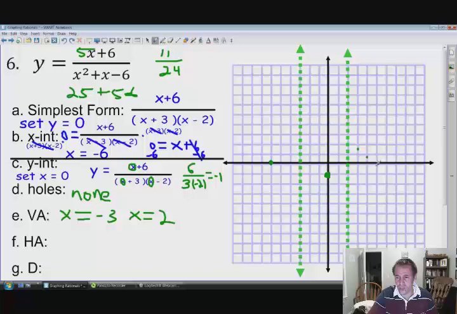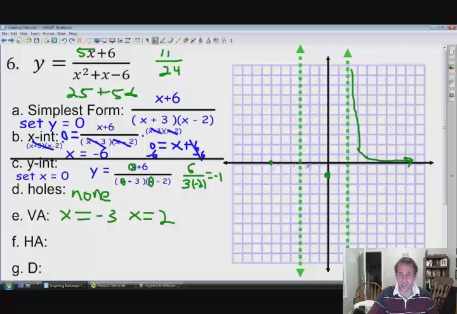So at 5, it looks like what we're going to have here is a horizontal asymptote right here along y equals 0. But what's crazy about that is over here it doesn't seem to be that way, does it? Interesting.